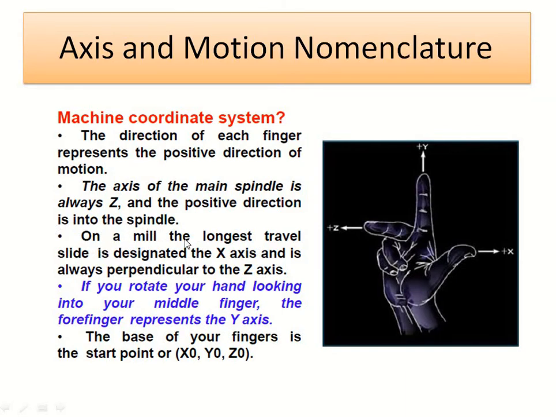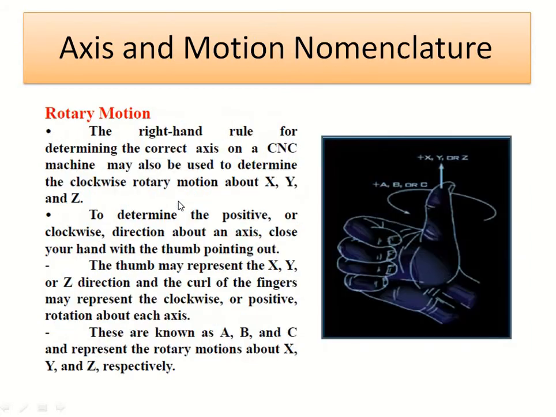On a mill, the longest travel slide is designated as the X-axis and is always perpendicular to the Z-axis. If you rotate your hand, looking into your middle finger, the forefinger represents the Y-axis. Now the base of your fingers is the start point X0, Y0 and Z0. That is the machine coordinate system.